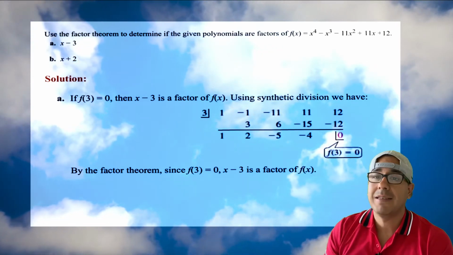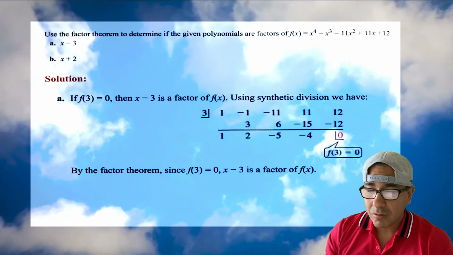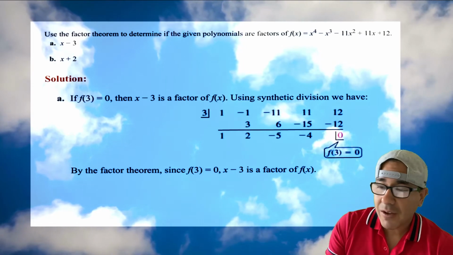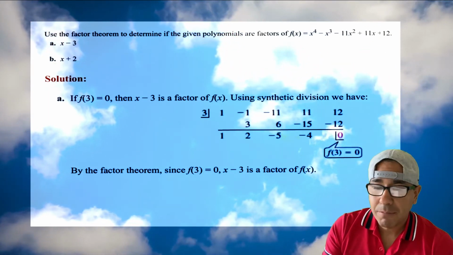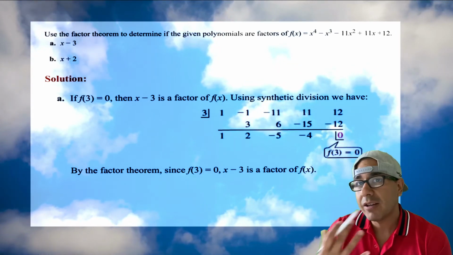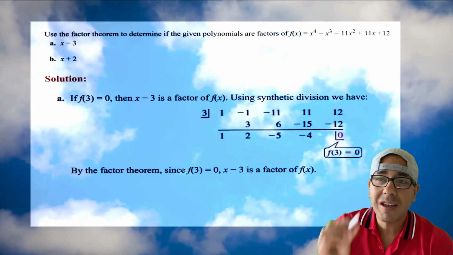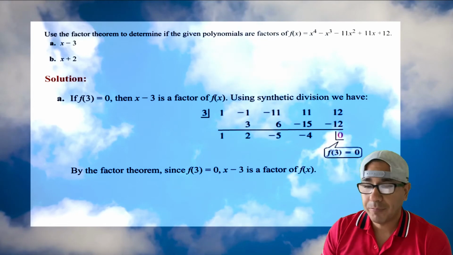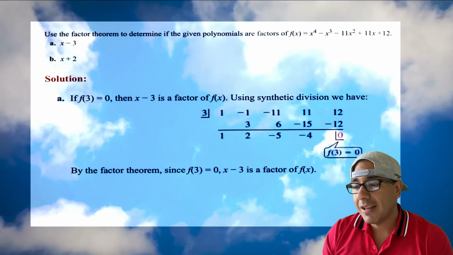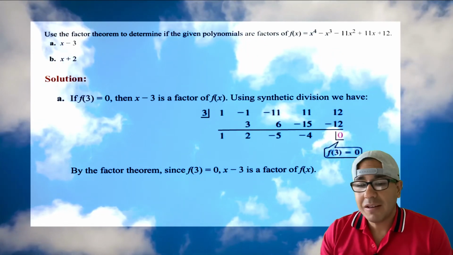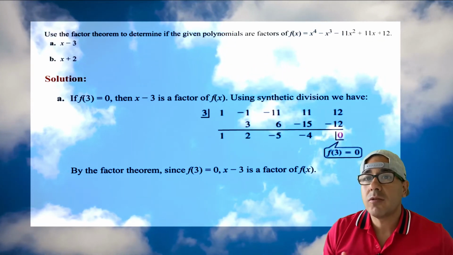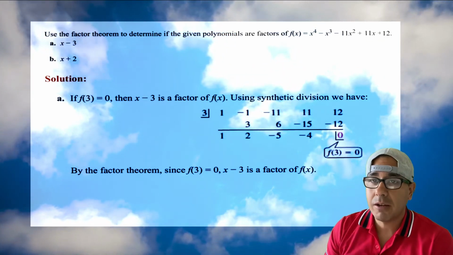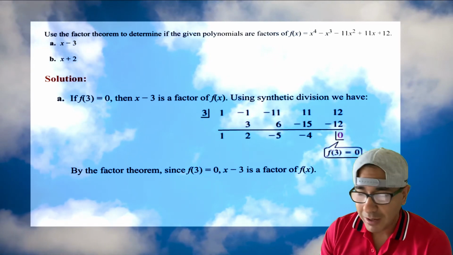So if we wanted, we could divide this polynomial by x minus 3 and you'll get no remainder. We're going to use this in many different ways. Sometimes we'll use it to break down polynomials, and sometimes to find zeros of polynomials. Very useful theorem.